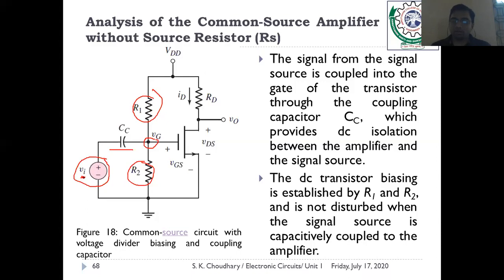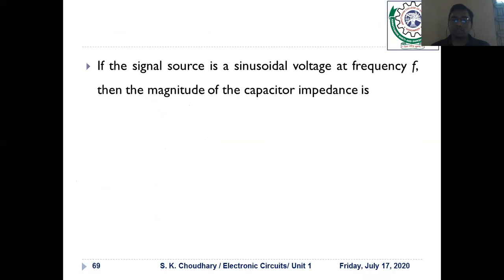Now, the signal source is a sinusoidal voltage at a frequency of F. Then what is the magnitude of the capacitor impedance? Can anyone tell me?